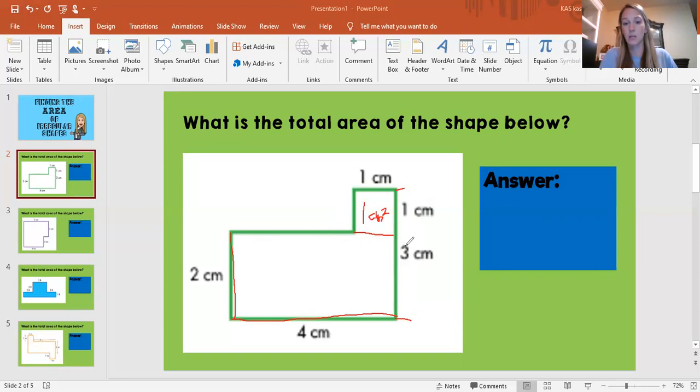Okay, so that doesn't really matter. Okay, so we have 2 times 4, 2, 4, 6, 8. That is 8. Ooh, look at that pretty 8. Okay, square centimeters. This is much better than my other one.